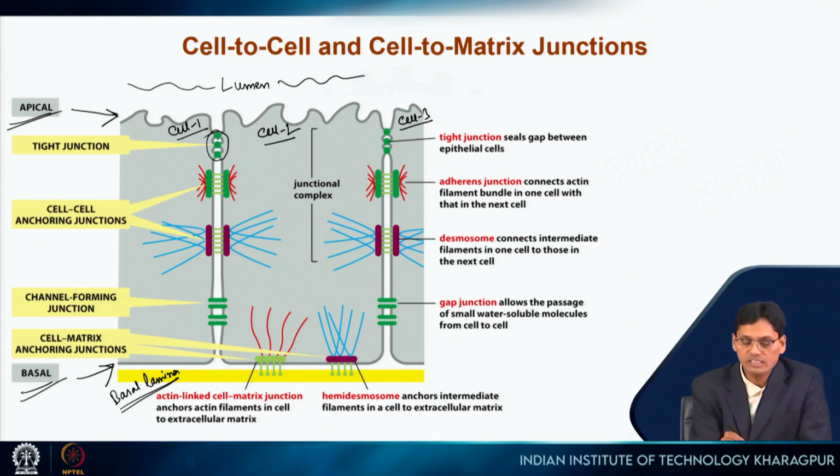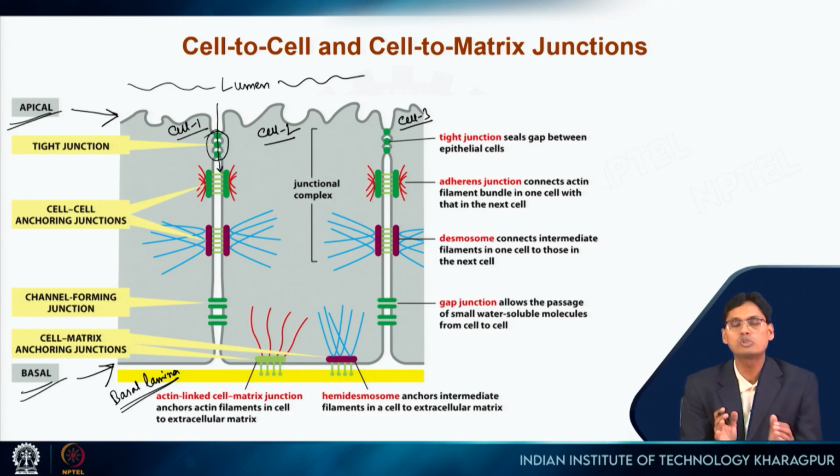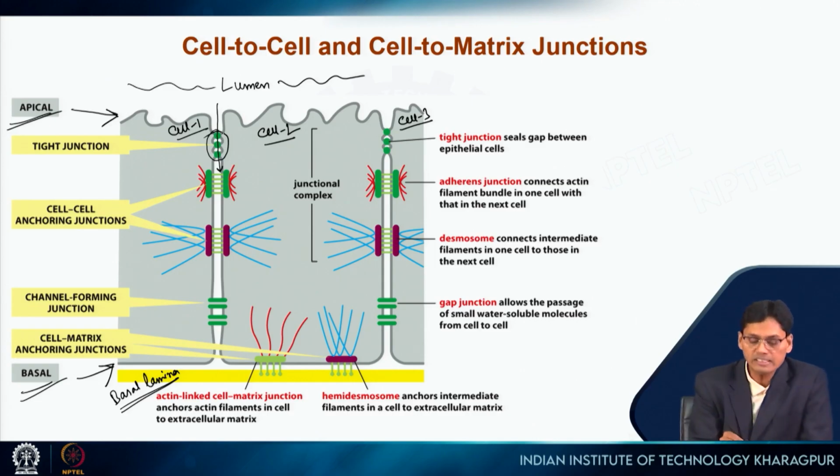If those cells are not sealed, some material can enter through the space between two cells. That's why tight junctions seal this gap. So this is the tight junction.